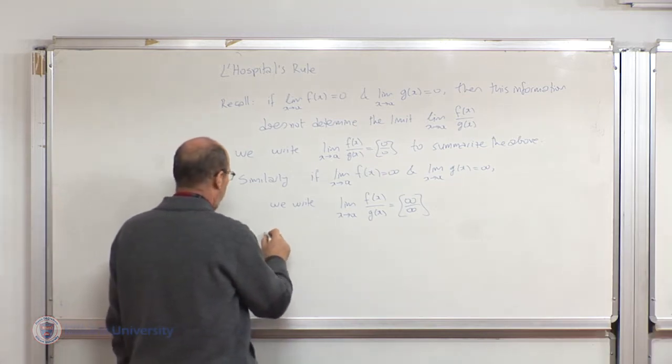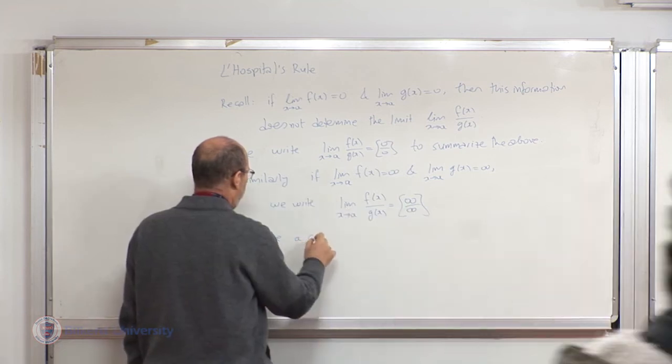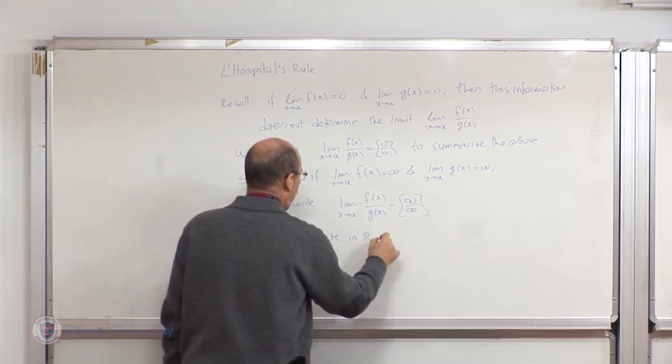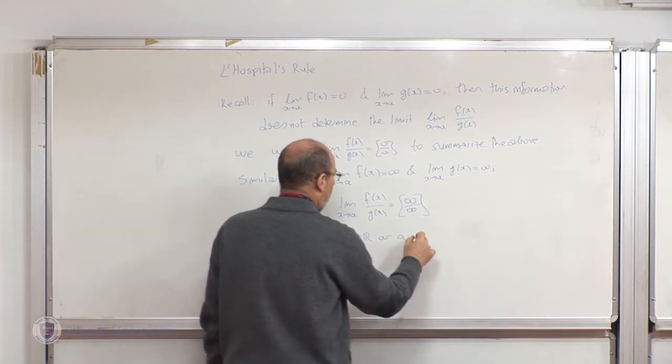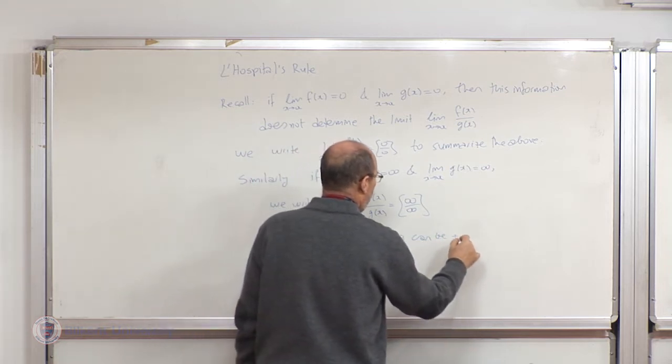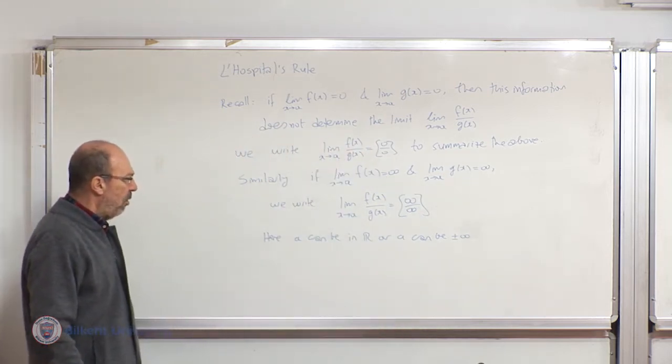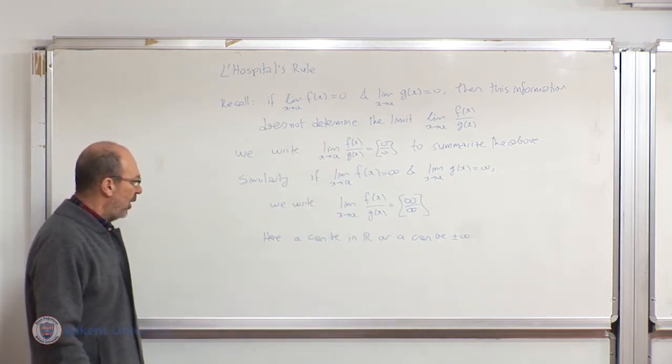So here, a can be in R, or a can be plus or minus infinite. Okay? So there are proofs of this thing, but we are skipping the proof because we are not going to use the ideas of the proof later in the problems.